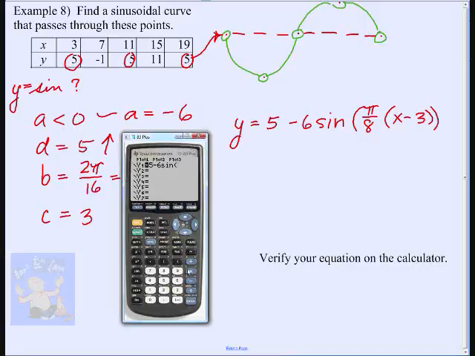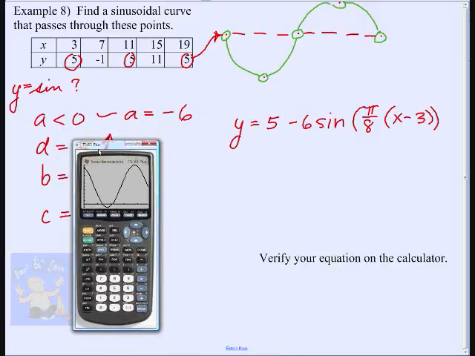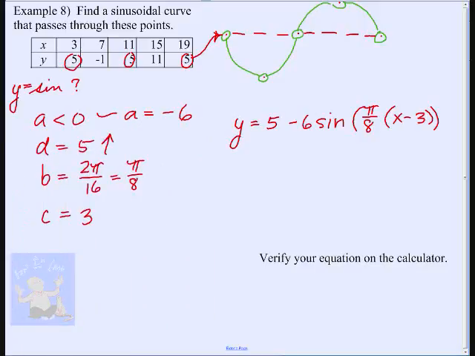I've got a frequency of pi divided by 8, which multiplies times the variable angle minus the phase shift, a positive phase shift of 3. Let's graph it. Looks very good, doesn't it? So that would be a place I would pick up an error if I had made it.